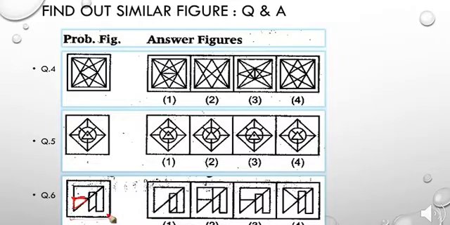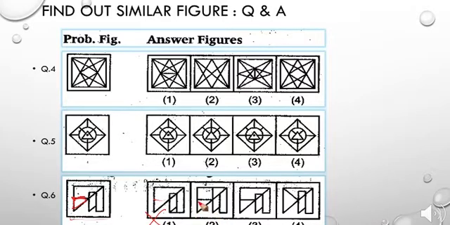So let's check whether this rectangle is available in the options. In the first option, this line should be here to form a rectangle similar to this. It is not here, this line is missing, so we rejected this.